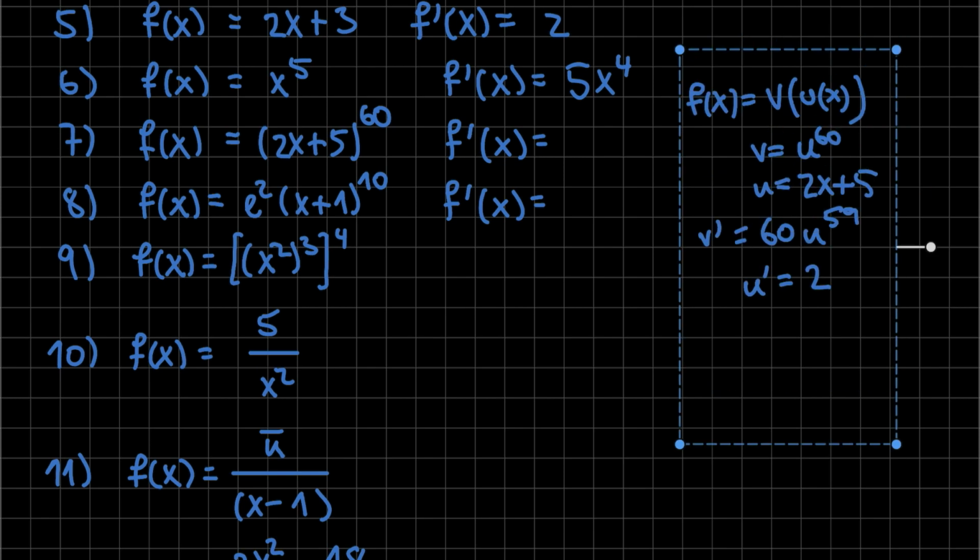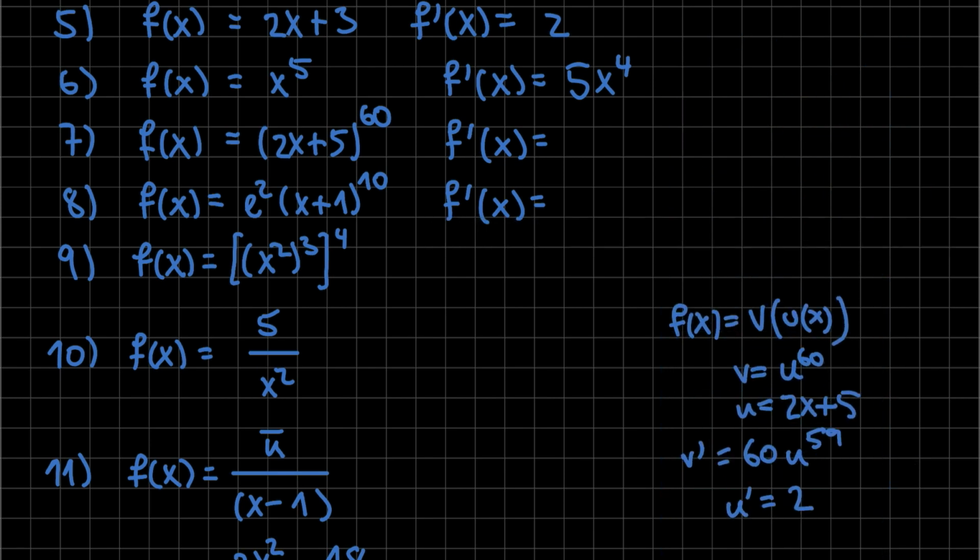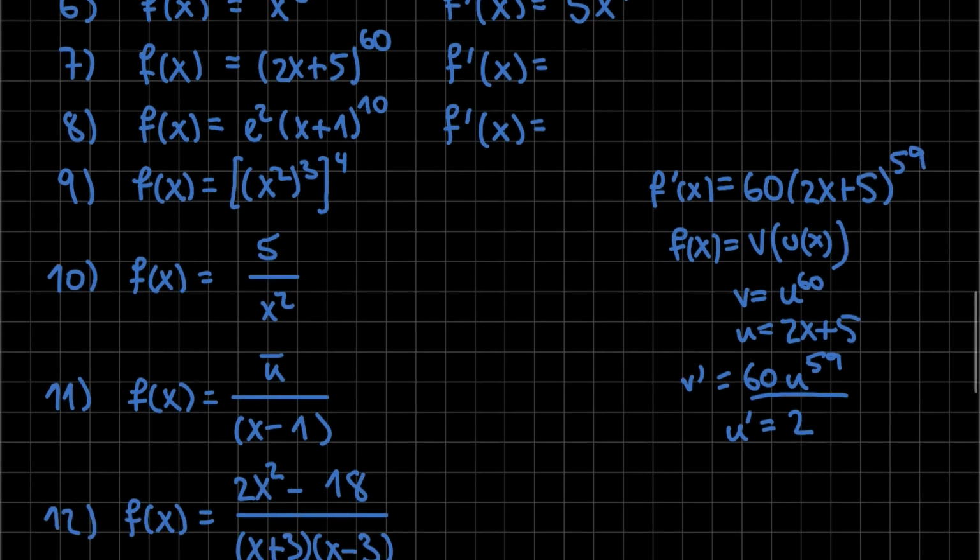So I'm going to bring this down here. Now the chain rule states that the derivative of f, so f dashed of x, is going to be v dashed of u, which we established is 60u to the power of 59, and I'll just write u as 2x plus 5 because that's what u is. So we have it to the power of 59.